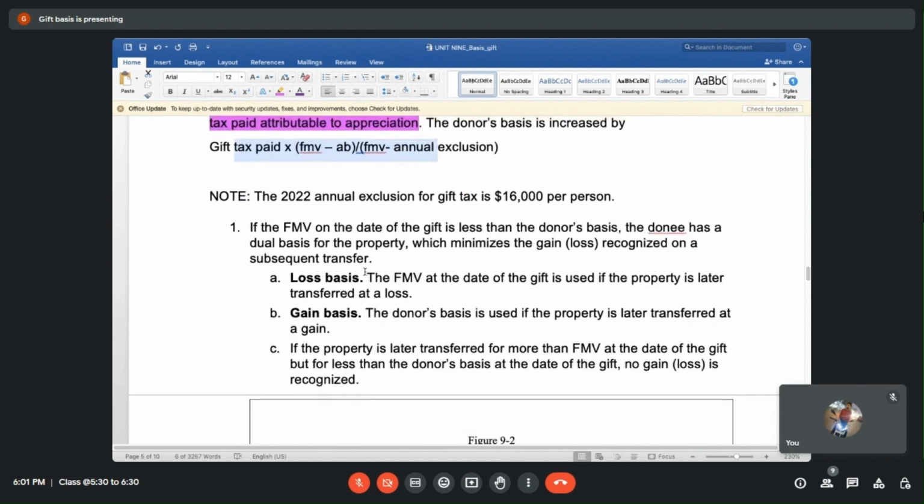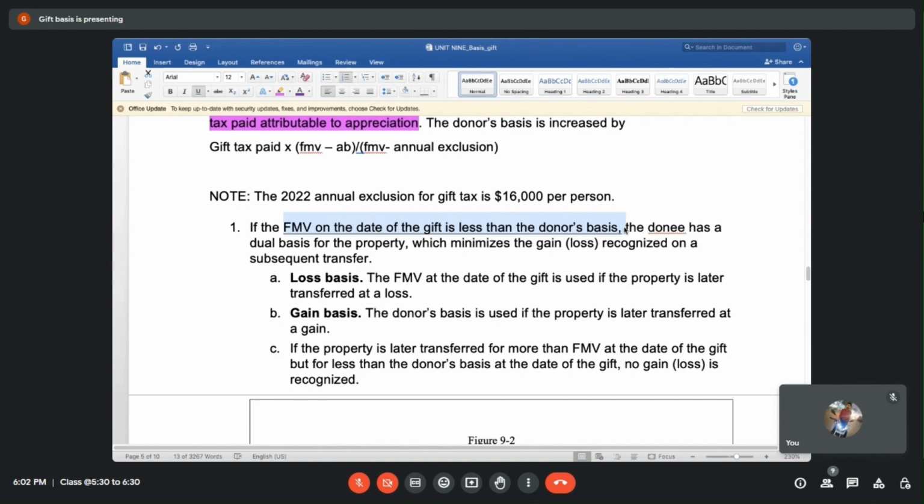Okay, now let's see if the FMV is less than the donor's basis. That's where it gets a bit tricky. We'll go a bit slow on this because it could be a bit confusing. In the example I gave, fair market value is $25,000, basis was $10,000, so fair market value is higher than basis, right? Cost is $10,000. Fair market value on the date the gift was given was higher.